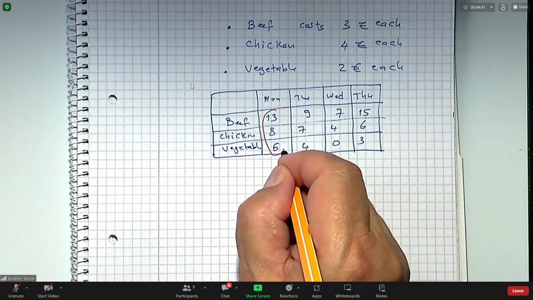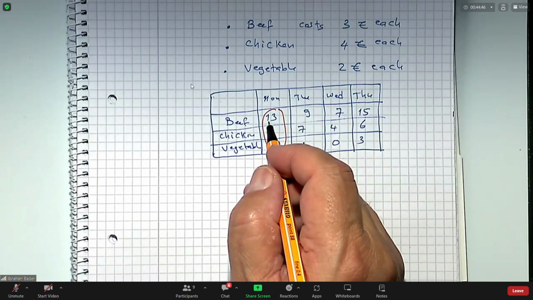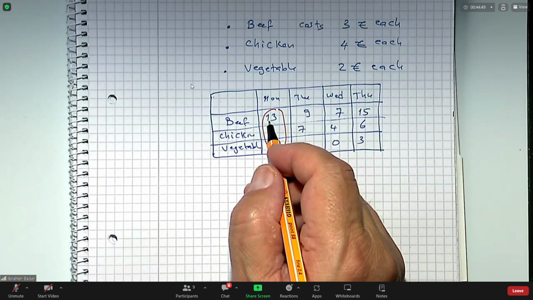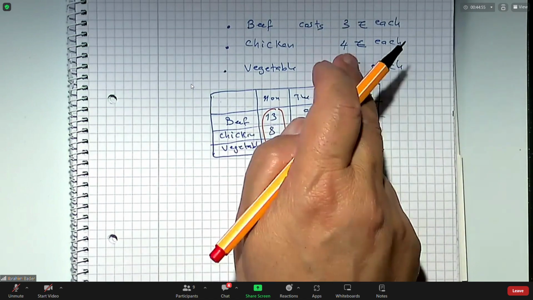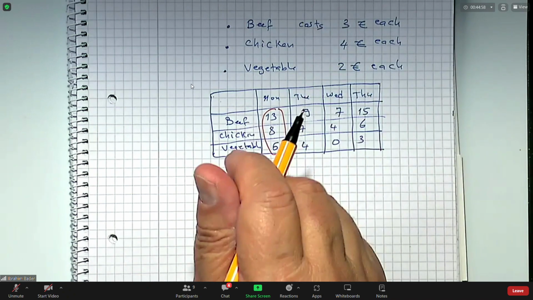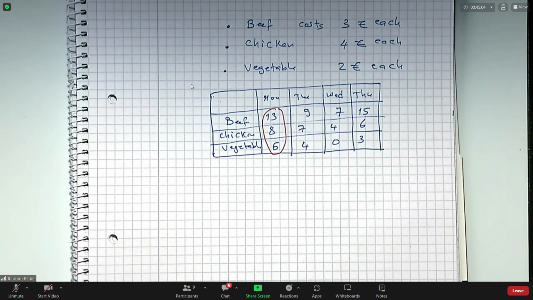You go here, you have the sales for Monday, then you multiply the number of beef pies sold by the unit price of each. Then you do the same for chicken, the same for vegetables, and you add them up. This results in the total sales for this day. And the same you do for Tuesday and Wednesday. As you see, this is exactly what we did when we multiplied the two matrices up there.